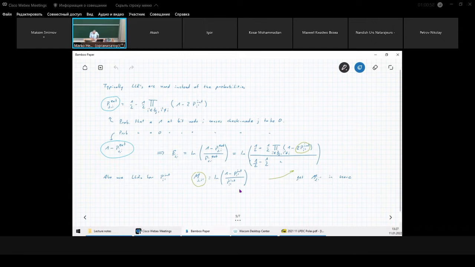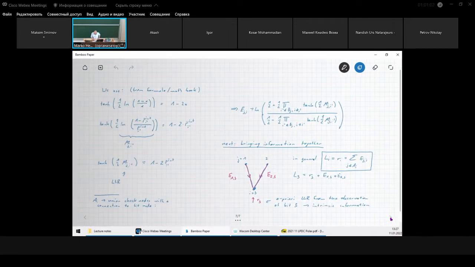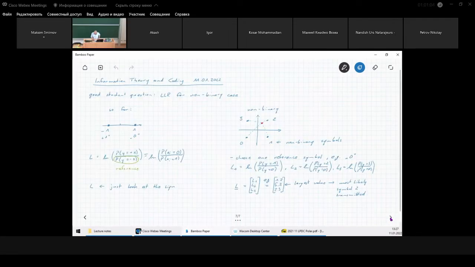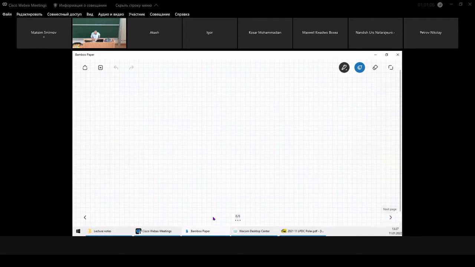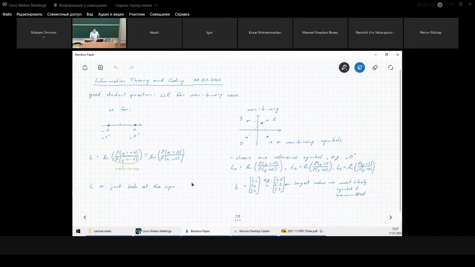Well, if you are referring to this MJI, so let me go back to this one. If we would deal with non-binary methods here, we would also get a vector for our EJIs.